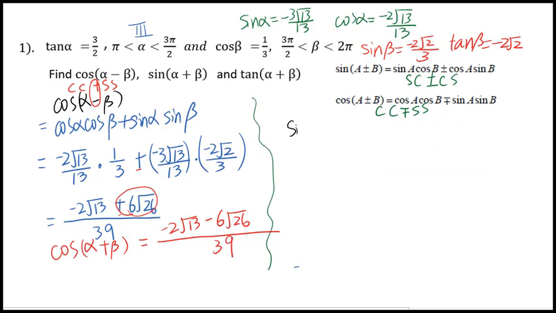Now let's work out the sine alpha plus beta. Sine, you will do SC CS, SC plus CS.